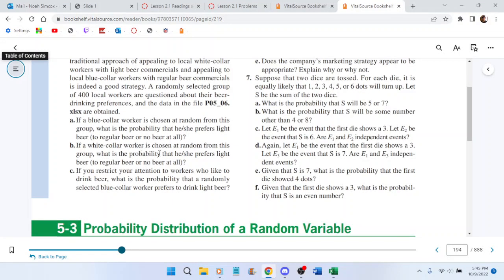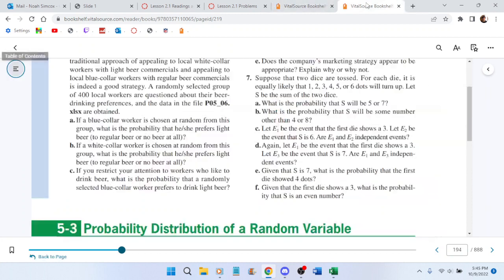If a white-collar worker is chosen at random from this group. Okay.